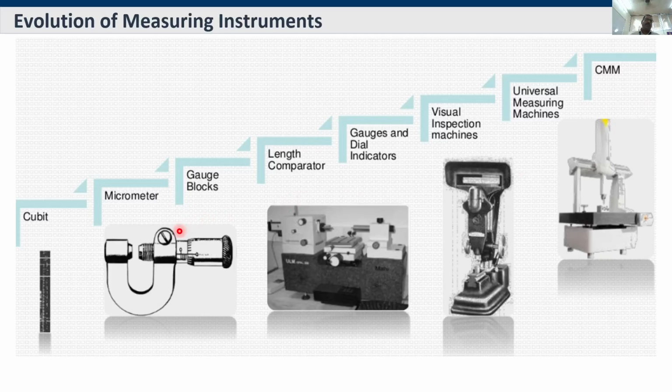But it started with the cubit, which is kind of a steel rule you can say. The next level from the cubit is the steel rule. They made a universal standard, like a one feet scale, then micrometer and all this. So this is the evolution of measuring instruments.